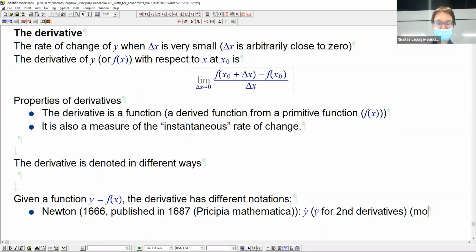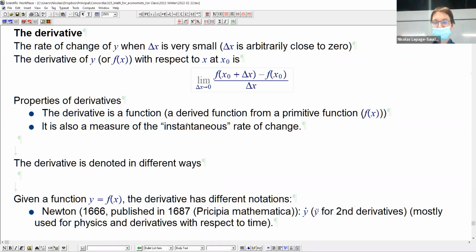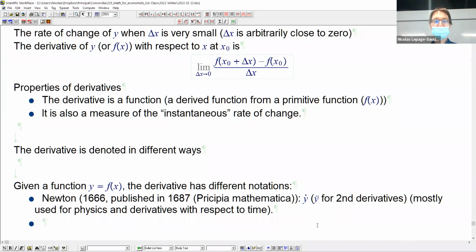It's mostly used for physics and derivatives with respect to time. He really just used this to describe his mechanics. I'm sure he knew it was very useful for mathematical purposes, but that's what he used it for.